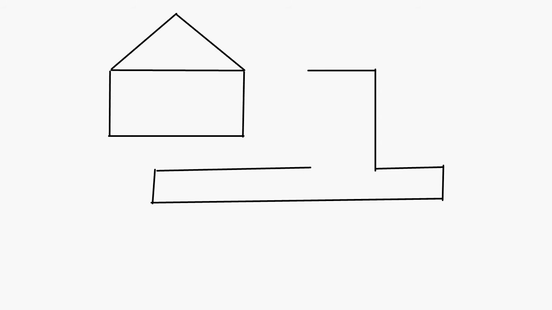Here's another composite figure. It's two rectangles, okay? If you were to add a dashed line here, you've got a rectangle on top and a rectangle on the bottom, don't you? Yep.